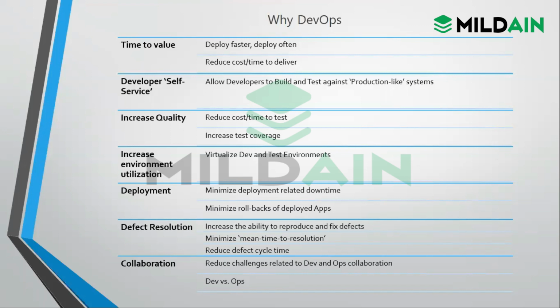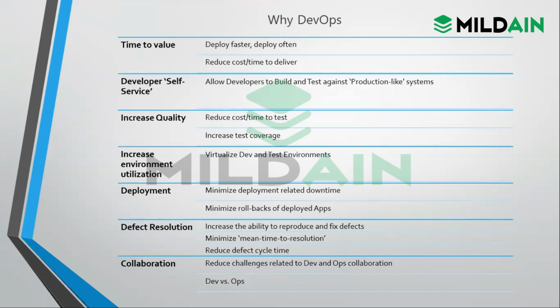Developer self-service, that is, allow developers to build and test against production-like systems. There is an increase in quality. The cost is reduced. Because of the tools, there is an increase in test coverage and increased environment utilization.